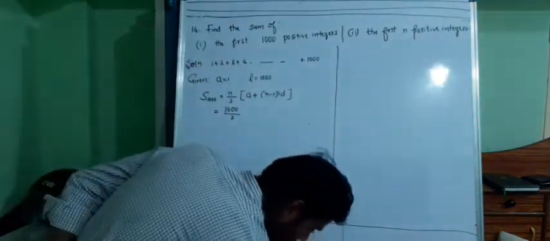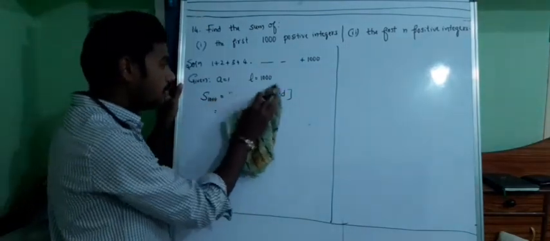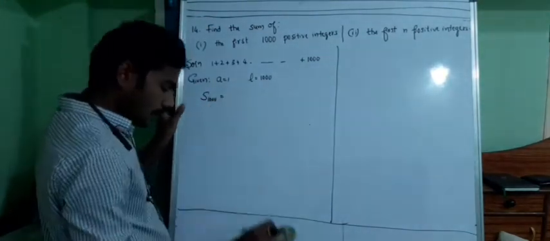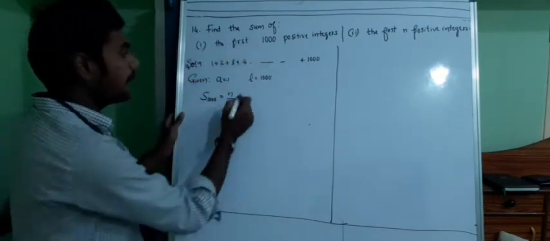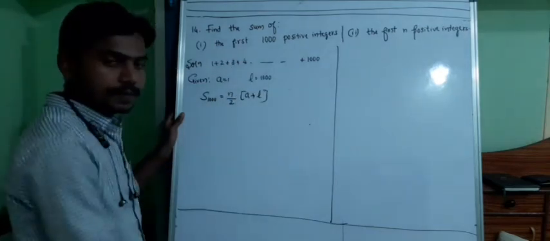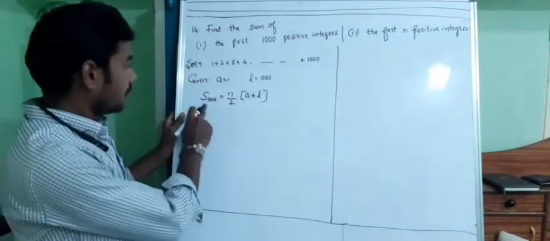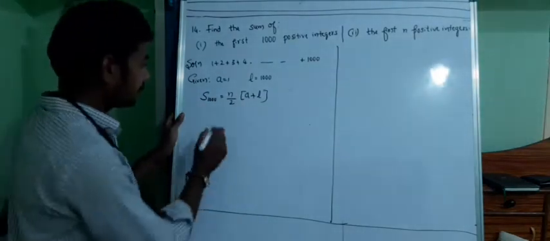Before we proceed, either you can proceed in this way, or since you know the first term and last term, I can make use of this formula: S1000 is equal to n by 2 into a plus l.